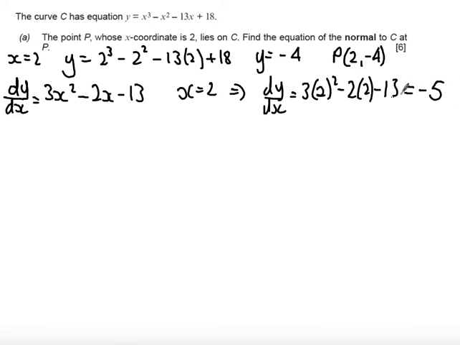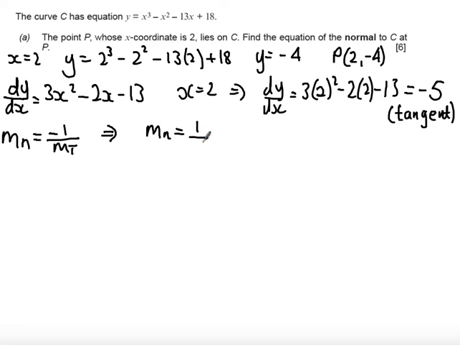So what I've found at this point is the gradient of a tangent. I need the gradient of a normal, so we can use the property that the gradient of a normal, or gradient of a perpendicular line, is minus 1 over the gradient of the tangent. So what we get for the gradient of the normal is m_n equals minus 1 over minus 5, so I get 1/5.